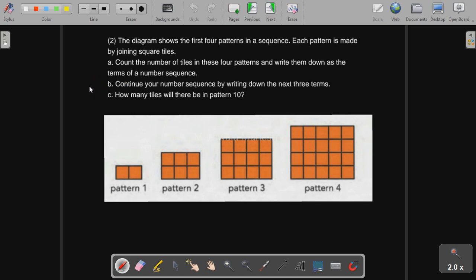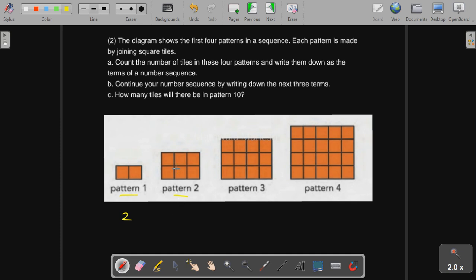So what is the second question? The diagram shows the first 4 patterns in a sequence. Each pattern is made by joining square tiles. Count the number of tiles in these 4 patterns and write them down as the terms of a number sequence. Okay. So how many tiles in pattern 1? There are 2 tiles.